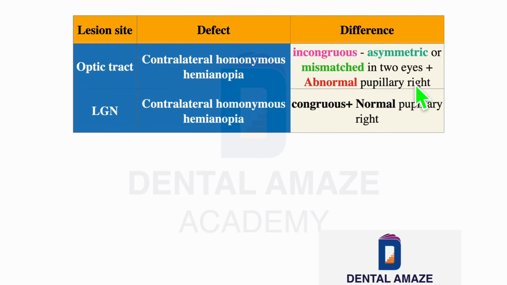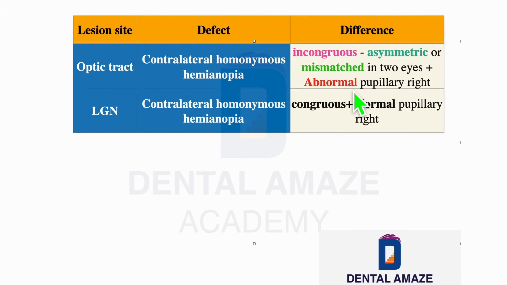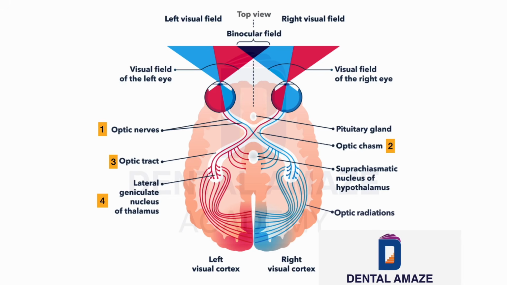And abnormal pupillary light reflex there. Basically, to understand this, you have your optic tract, and the fibers for your pupillary light reflex also travel along with it in your optic tract.